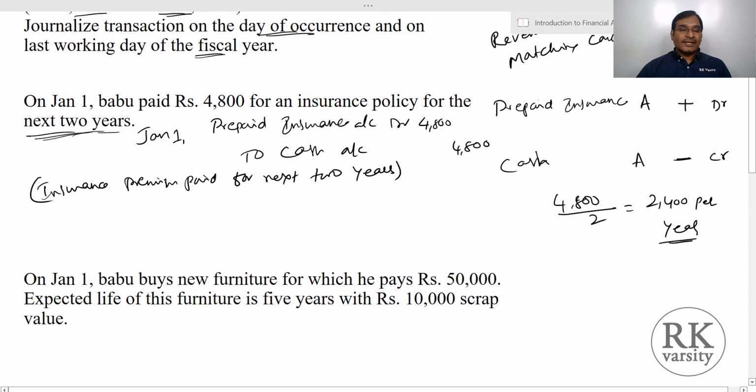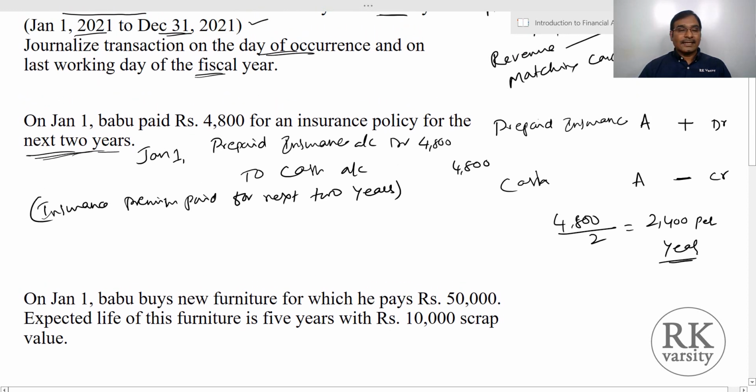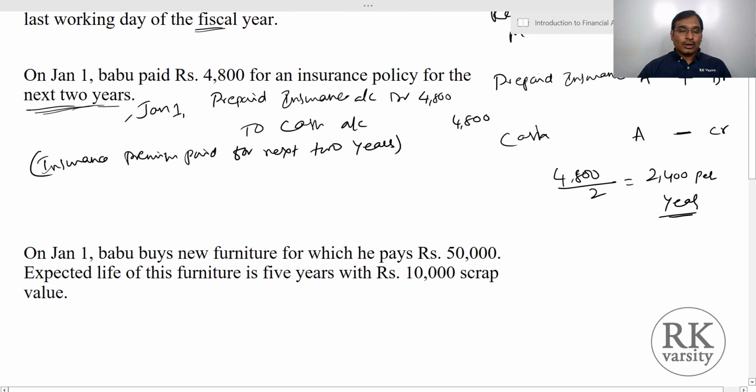Now as we are supposed to write the transactions both on the day of occurrence, which we wrote here, and on the last working day of the fiscal year, that is December 31st. So on December 31st, what we do is, December 31st 2021.